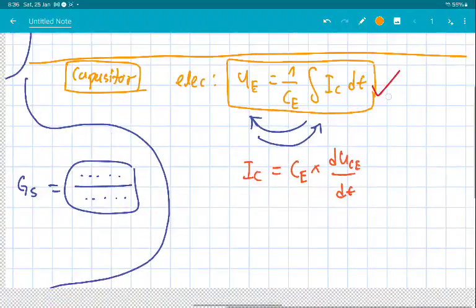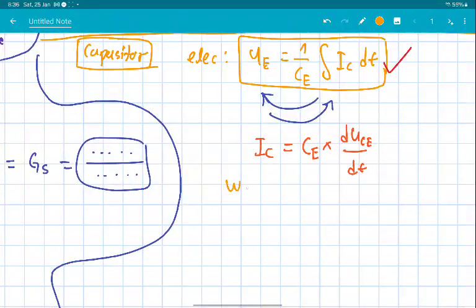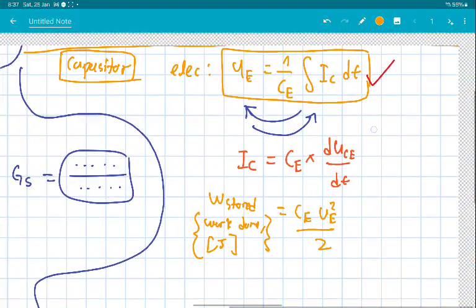The work done, or we call it the energy stored, in joules, is always equal to CE multiplied by UE square over 2.